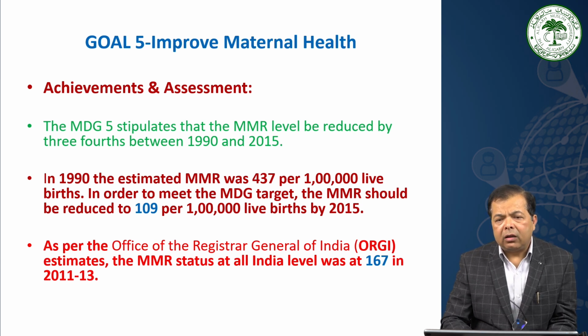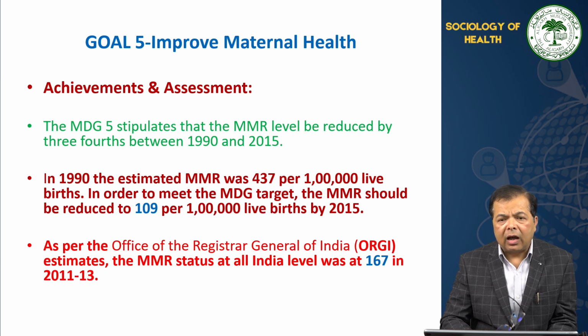One is that this 167 is much more than 109. But there is another situation also, which is the year in which we have taken the data. Because these data are not taken frequently, the government also has to depend on the official statistics which are provided and calculated by certain agencies.